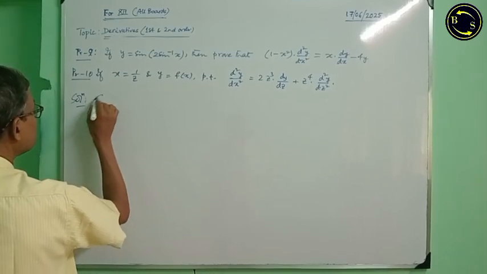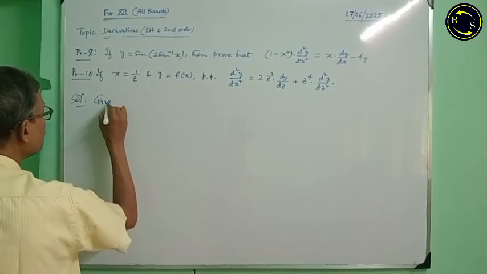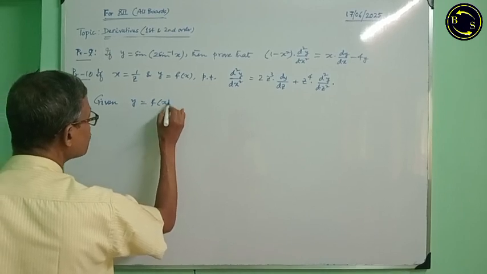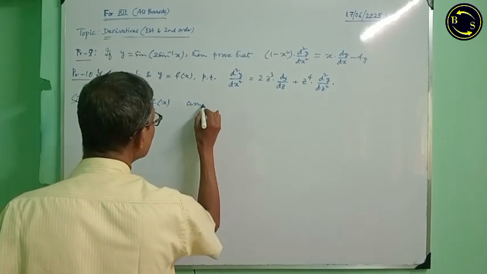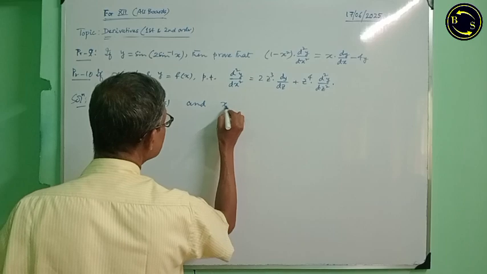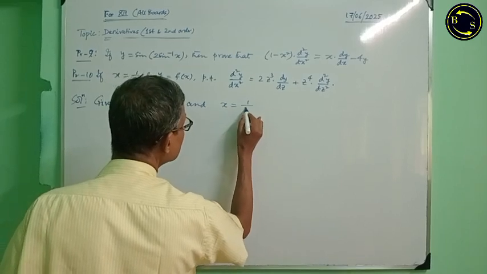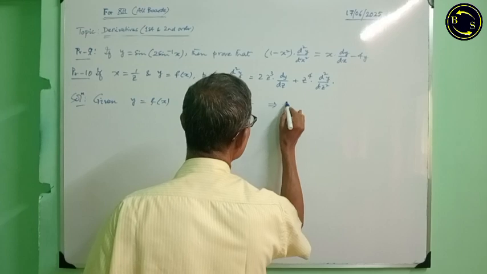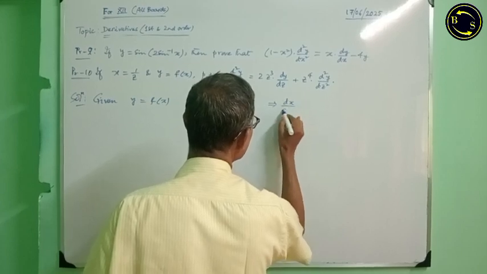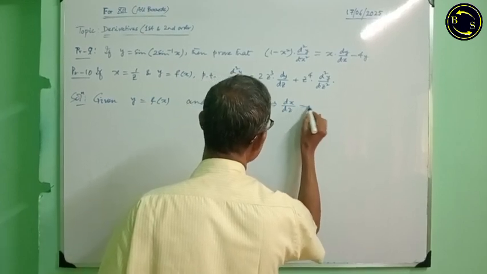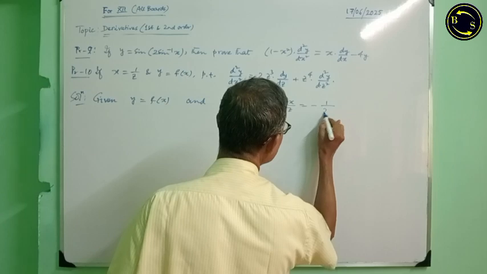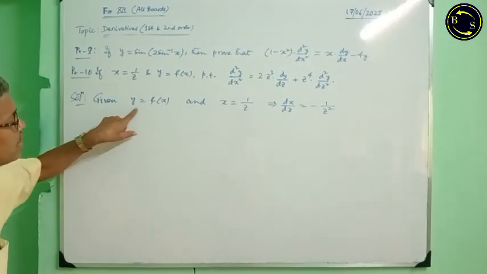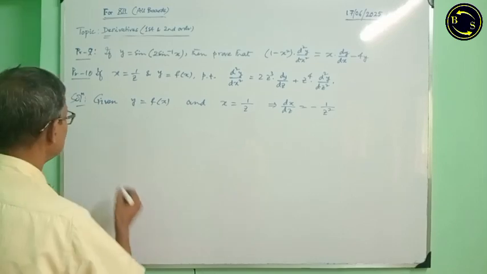I write that first: given y equal to f(x) and x equal to 1/z. From it, dx/dz equal to −1/z². Now dy/dz is to be found out.